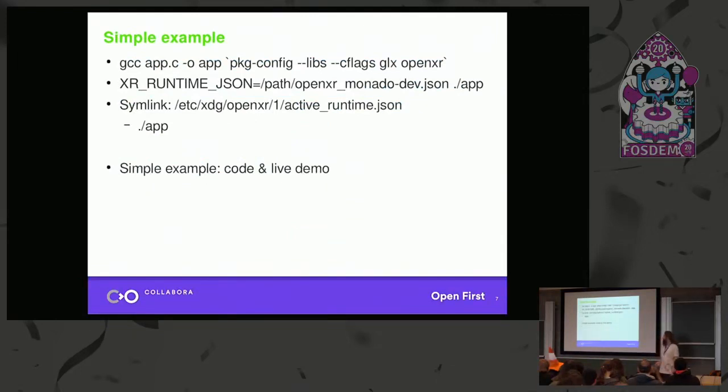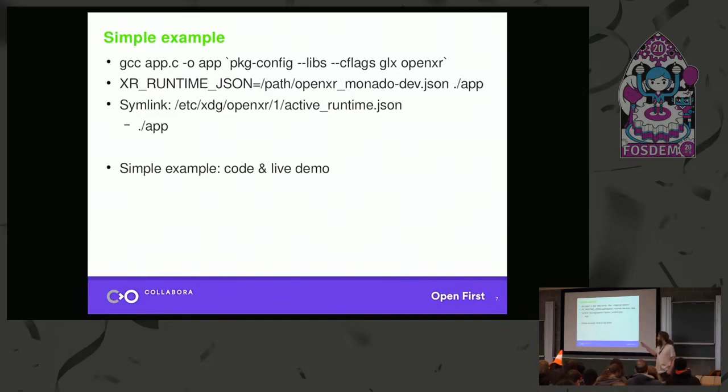And this is how you would compile an example for OpenXR. Basically, there's a package config file that is provided by the OpenXR SDK, and you just use the link and cflags from that.